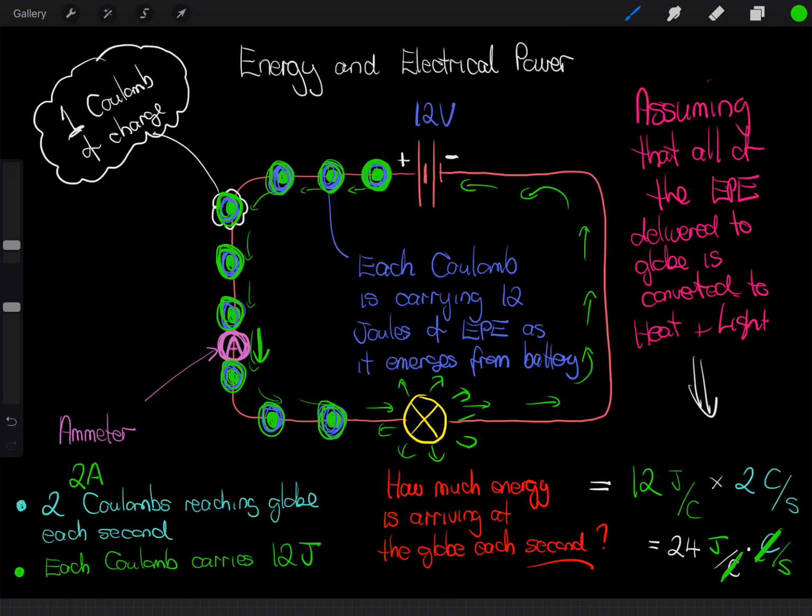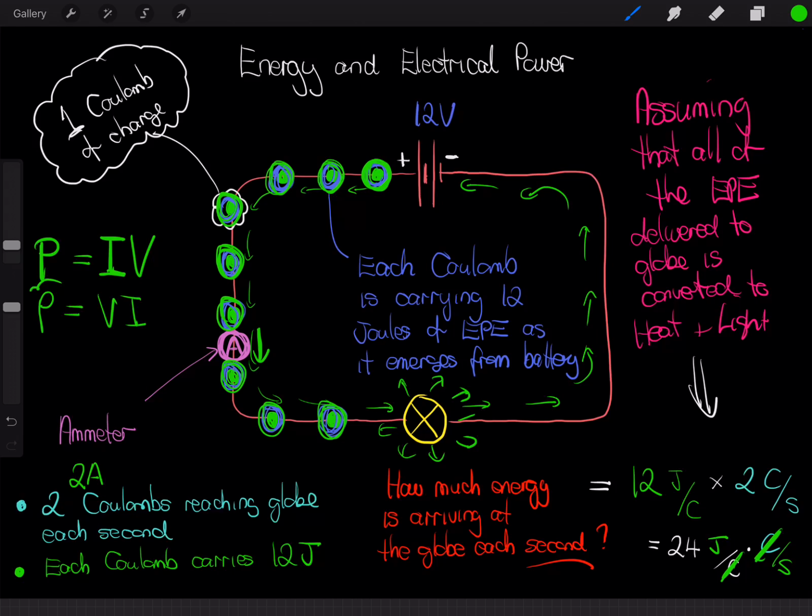And so from that we can come up with one relationship or formula that allows us to work out how much energy reaches the globe in 1 second, and that amount of energy per second, which we call power, is equal to the current entering the globe, which we designate as I, times the energy given to each coulomb of charge as it comes out of that battery, which is V. And we often say it as P equals VI.